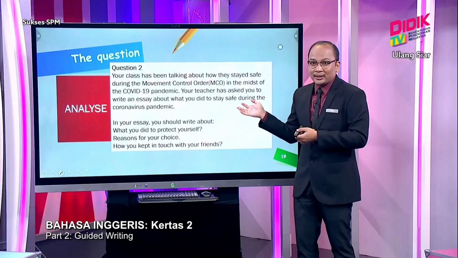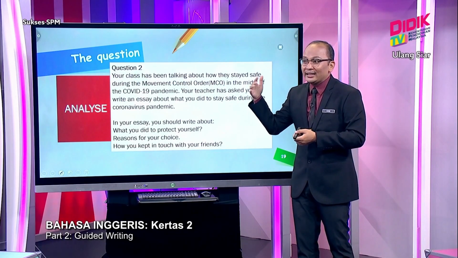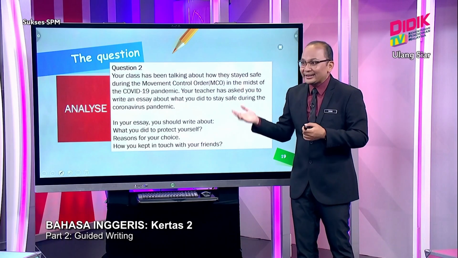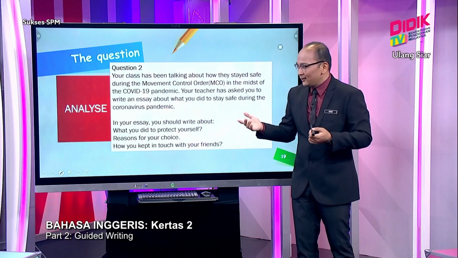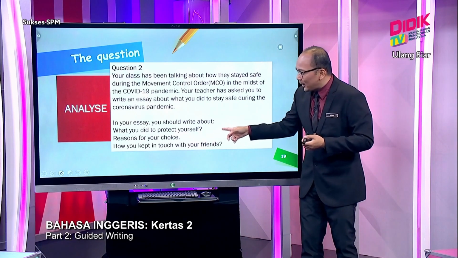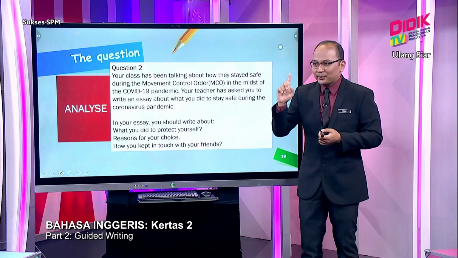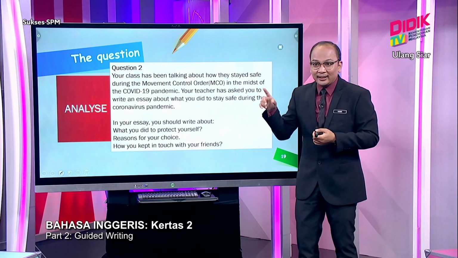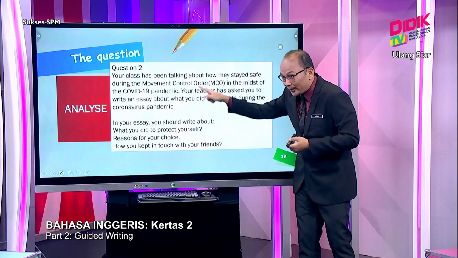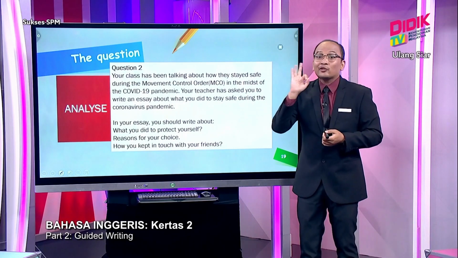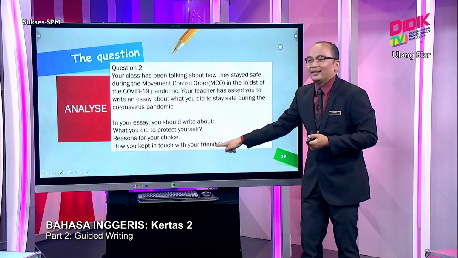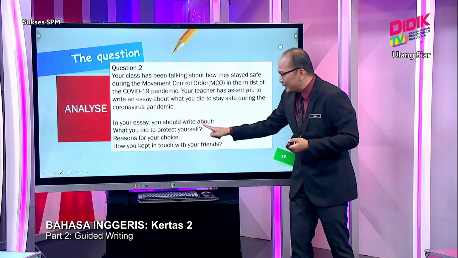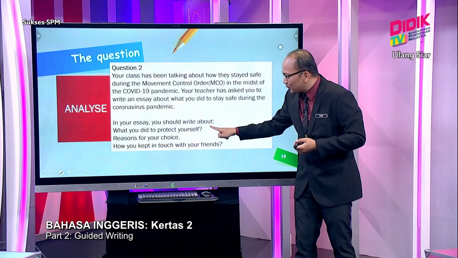So one of the questions is really the thing that we are discussing currently in our nation. In your essay, as you remembered, the requirement is you are given a situation and also 3 prompts. What are the prompts? This is the first one: what you did to protect yourself.